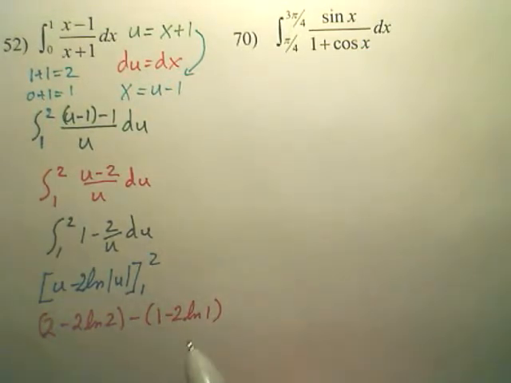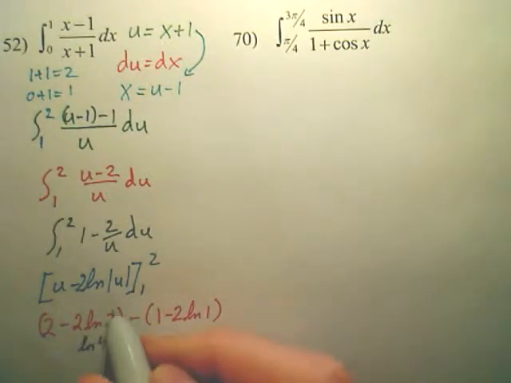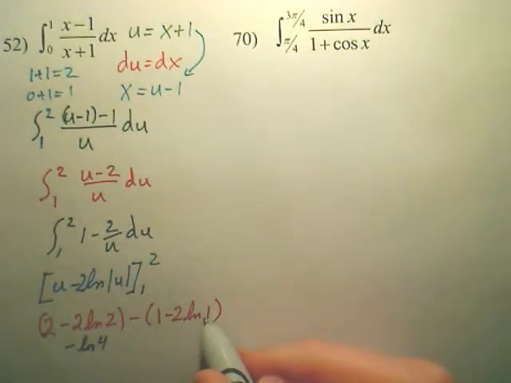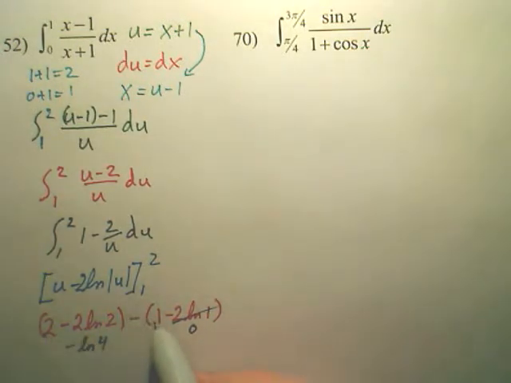I drop the absolute values because they're positive numbers I'm plugging in. And from there, if you take that up, becomes ln 4, because the 2 brings up, makes 2 squared. So it's a negative. What's ln 1? Isn't that 0? So this disappears. 2 minus 1 is what? 2 minus 1 is 1. So there's my answer.